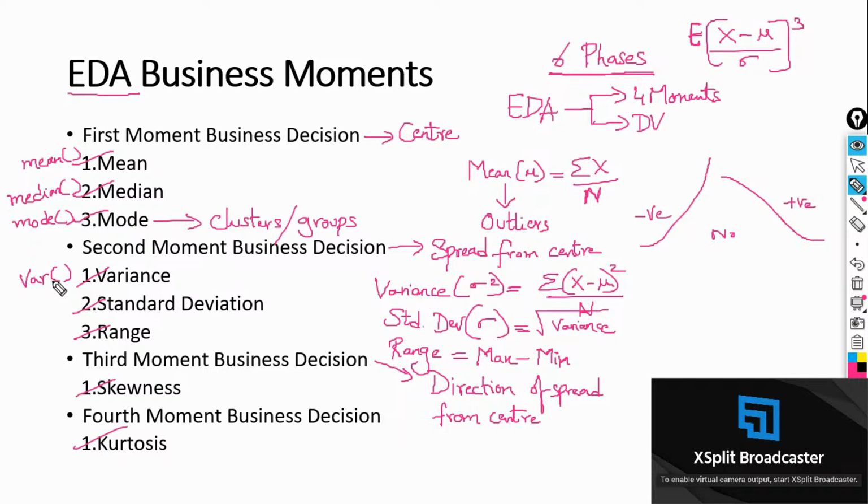Standard deviation, what function did we use? STD, STD is the function. I'm asking about functions, friends. So which function did we use for calculating standard deviation? It is STD.